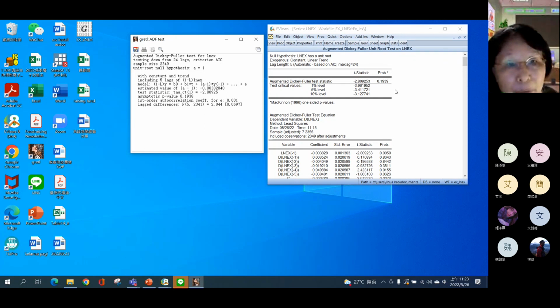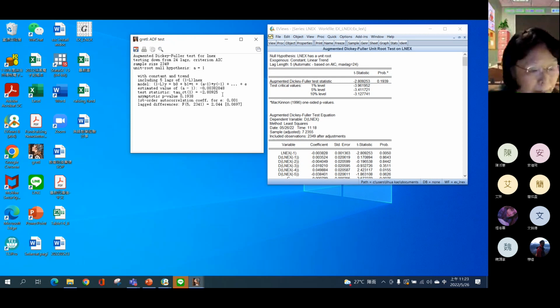Okay. The 1/3 or 1/4 lag rule is for the correlogram instead.